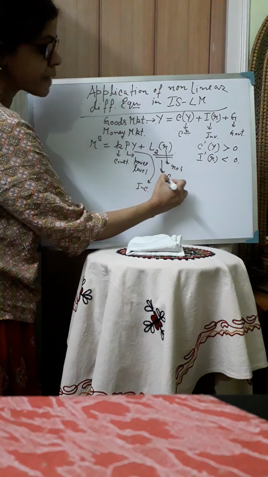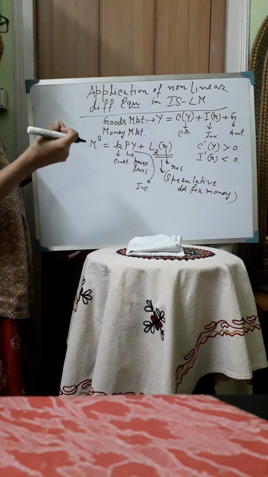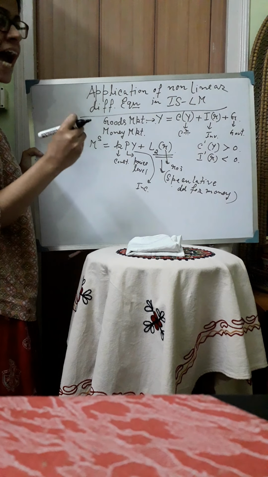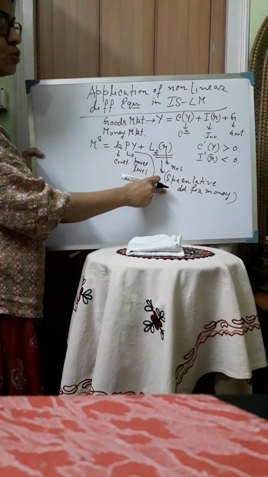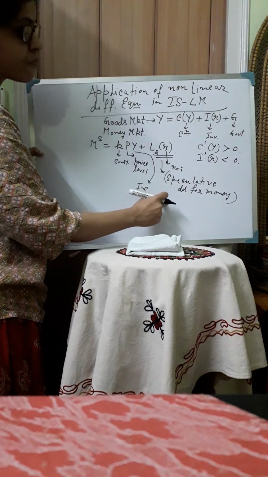So for speculation, we invest in the stock market, we buy stocks and we want to get some capital gain. So when we are speculating, we are investing in bonds and shares of companies. So if we have excess money, then we do the speculation. And for that we need money, and that is why speculation needs money. So this component represents the speculative demand for money.